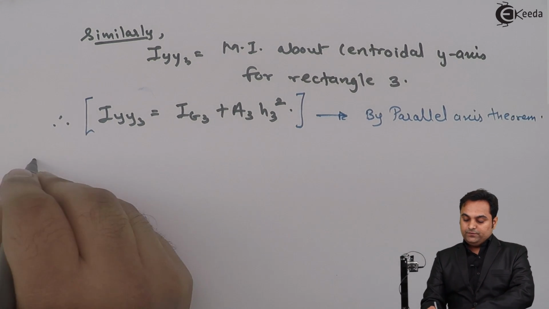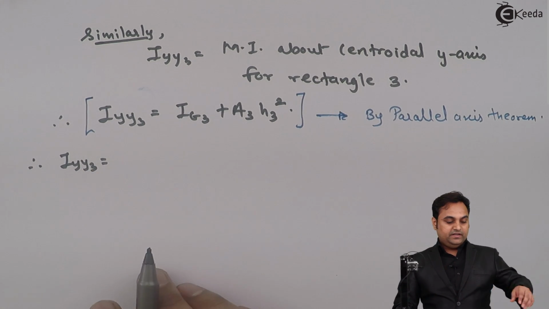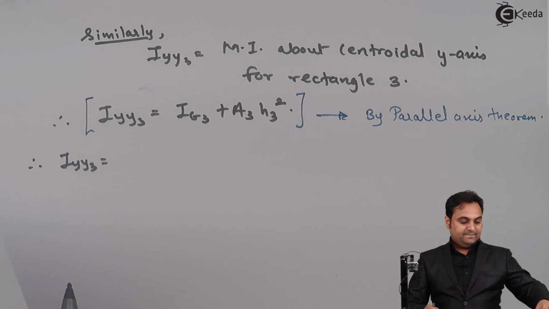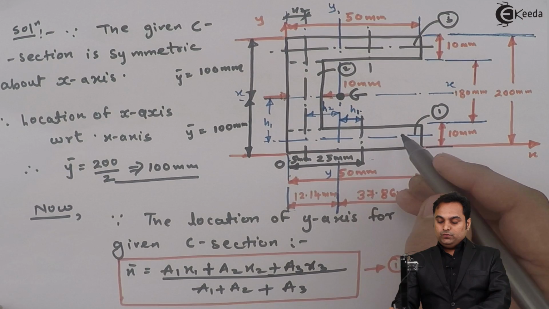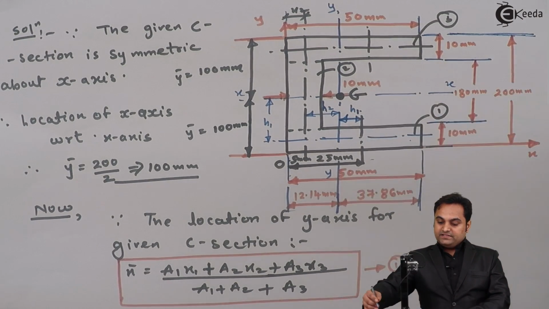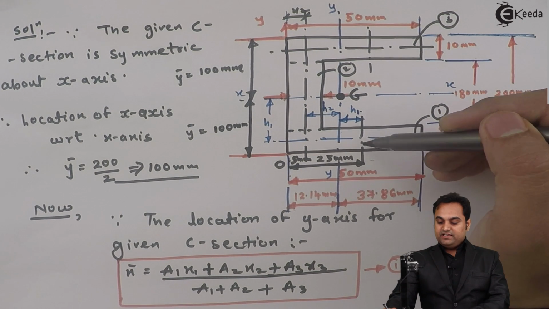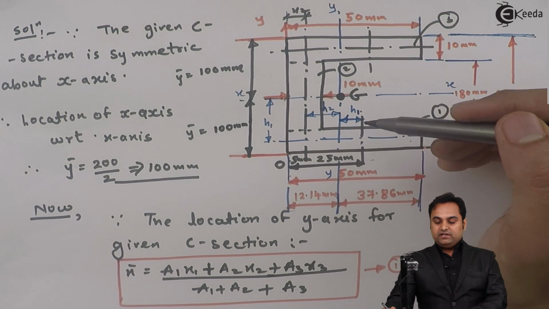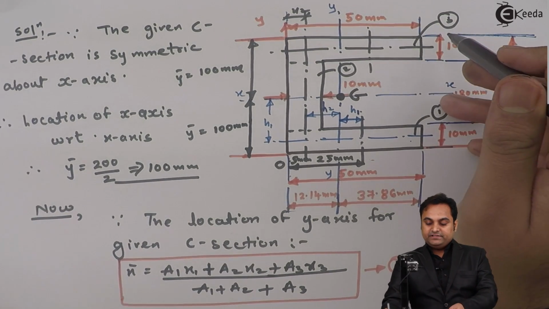Here we can see that as the section is symmetric, the distance of the y-axis for rectangle number 3 is at 25 as it was for the first. So whatever answers we are getting for rectangle number 1, the same will be for rectangle 3.